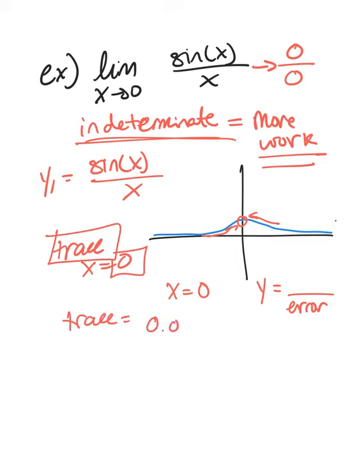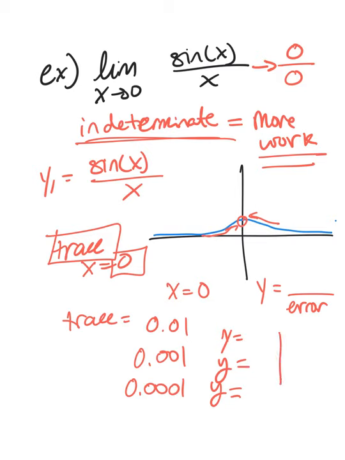Trace, and then you do 0.01. See what the y equals there. Go closer. 0.001. See what the y equals there. Go 0.0001. See what the y equals there. And hopefully you guys notice that as your x's got closer and closer to 0, your y's were actually getting closer and closer to the number 1.